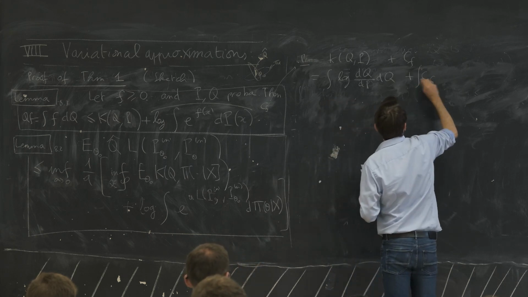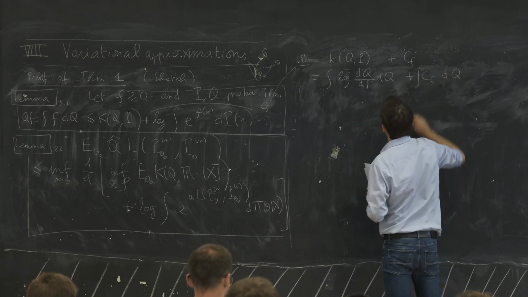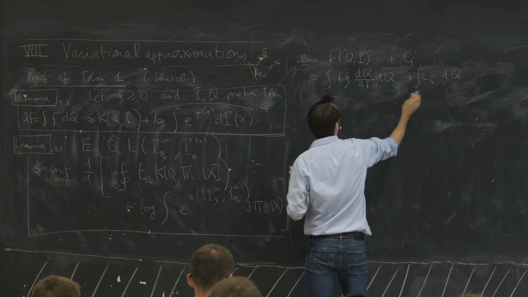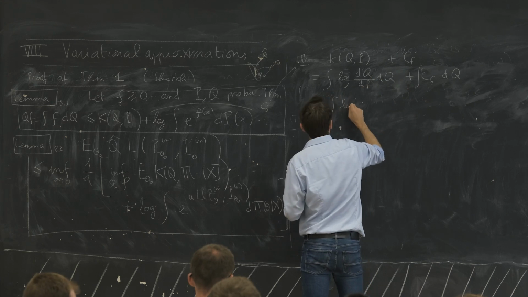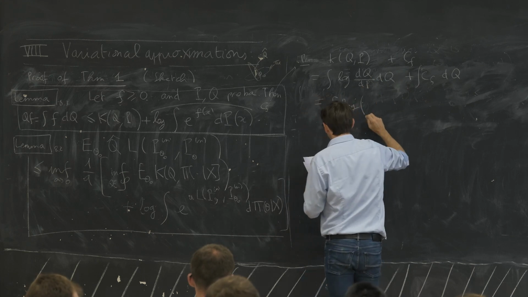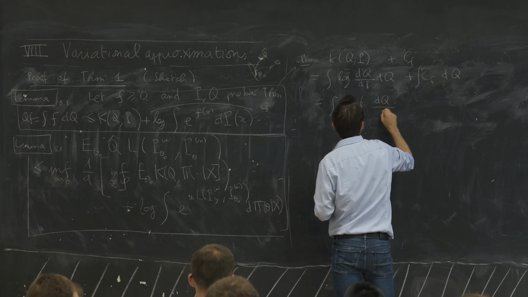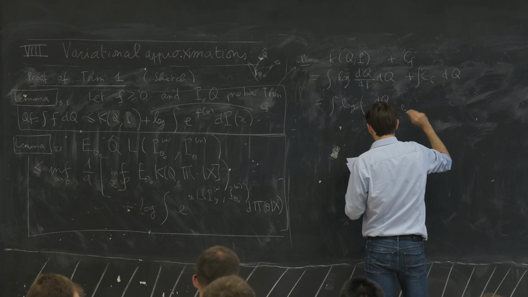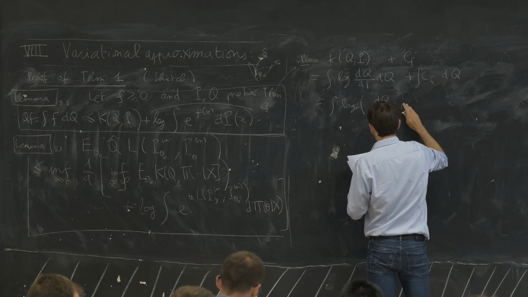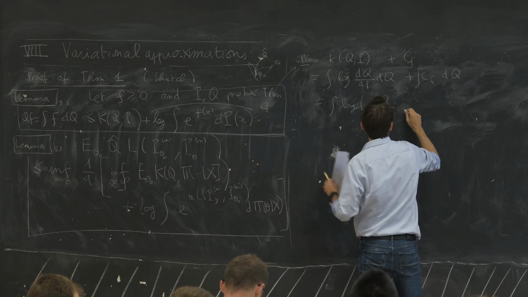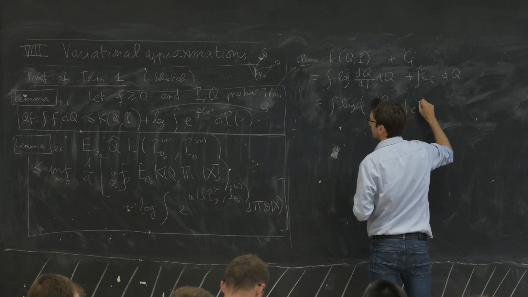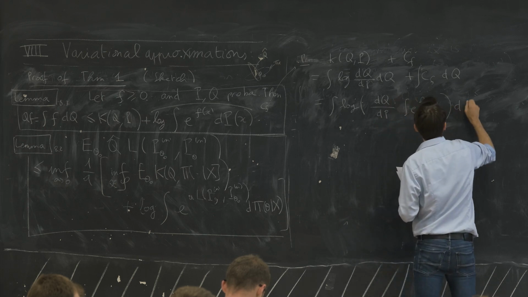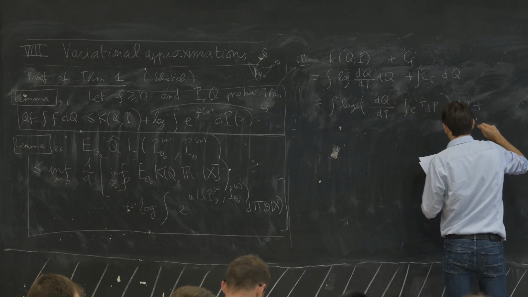And Cf I can write as integral Cf dq because it's a constant, it doesn't depend on q. Okay, and now I'm going to introduce this constant inside here. So it's log dq over dp e to the Cf. Okay, so e to the Cf is just the integral of exponential f dp, dq.